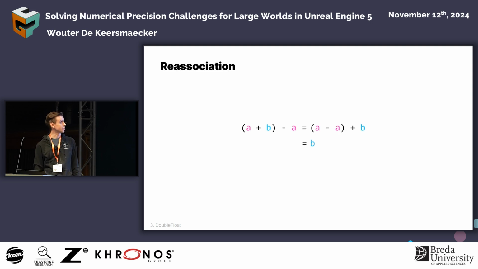And reassociation here means that the compiler may reorder operations. For example, in this example here, the compiler can decide to perform the subtraction before the addition, which means that a minus 8 then can cancel out to 0, and then the compiler finds out that there's 2 operations that were saved. Hooray, good for performance.